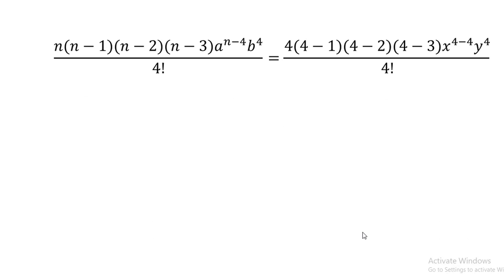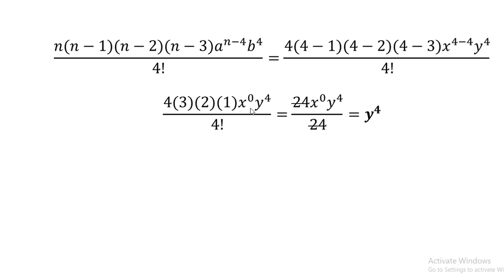Now as I solved it, anything power 0 is equal to 1. Out here it's 4, 3, 2, 1 divided by 4 factorial, which is 24. So 24 divided by 24 gives you 1.